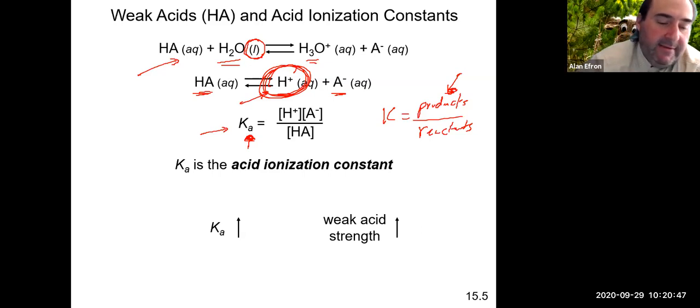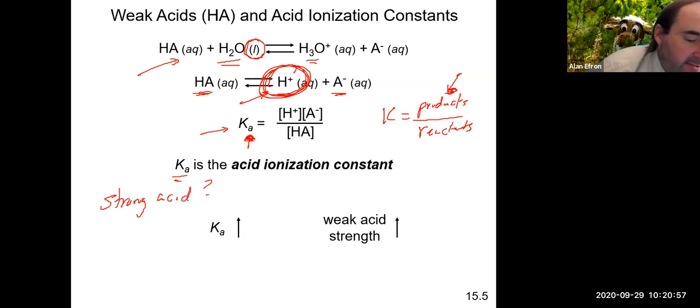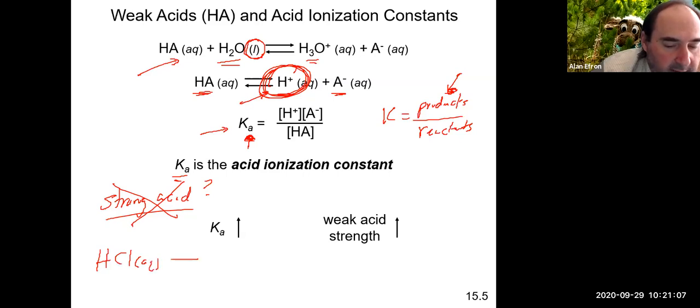Would we expect to find an equilibrium constant or Ka value for a strong acid? The answer is no. You would not find a Ka value for a strong acid, because a strong acid, much like hydrochloric acid, 100% breaks apart into ions.